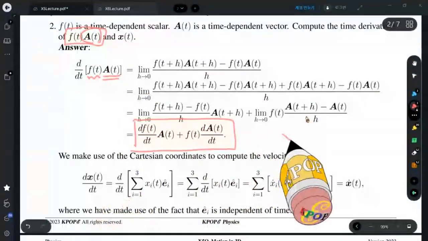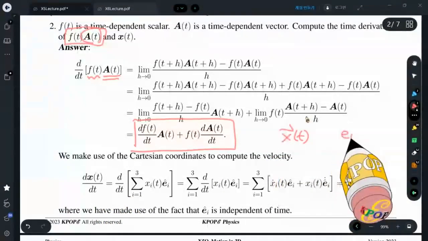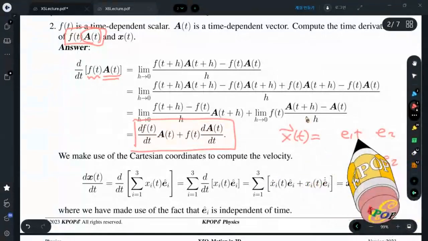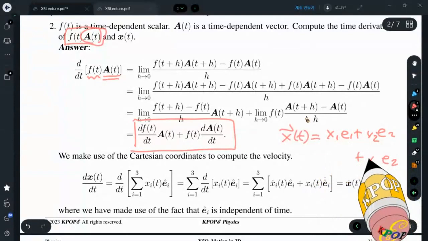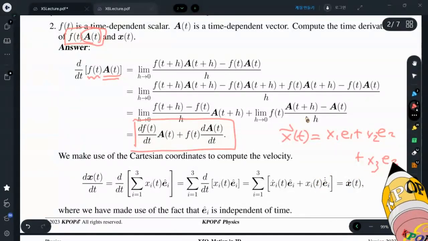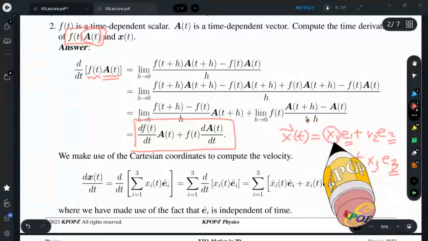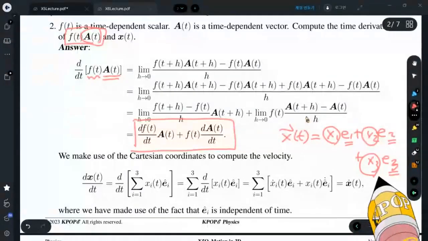In general, a position vector is a linear combination of the unit basis vectors, and the coefficients are x1, x2, and x3. And these Cartesian basis vectors are independent of time, and only the time dependence appears in the components.